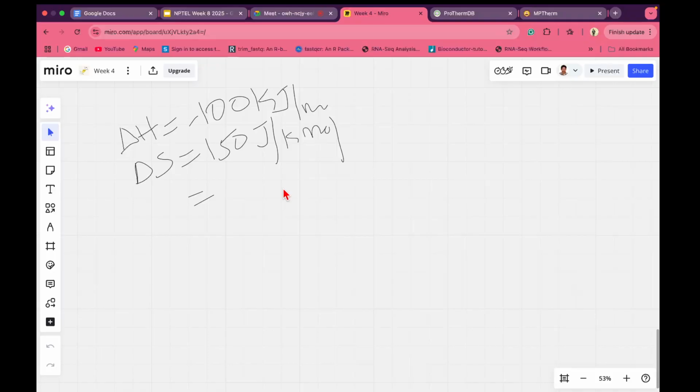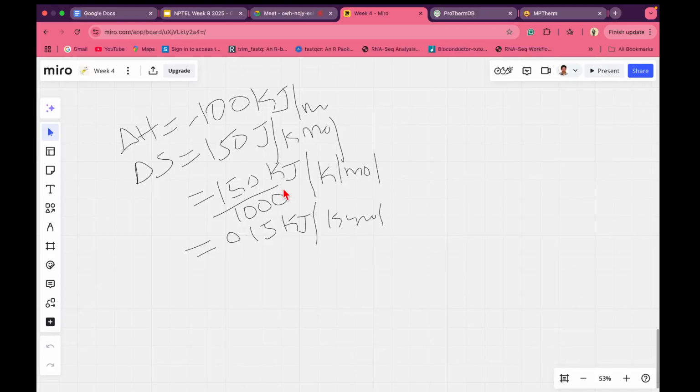So here I'll convert 150 joules by 1000 to kilojoules per Kelvin per mole. So this will become 0.15 kilojoule per Kelvin per mole.